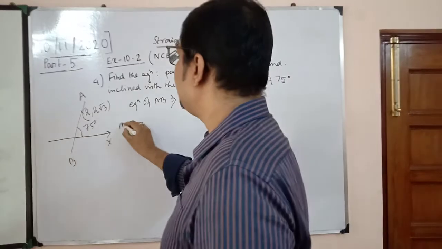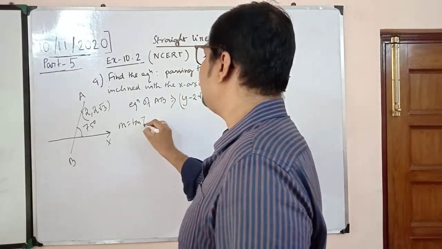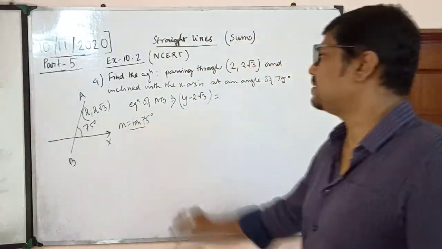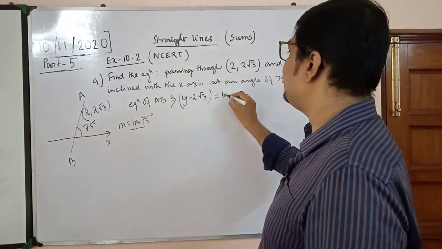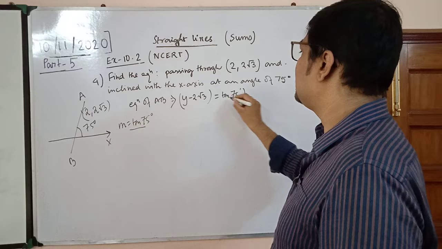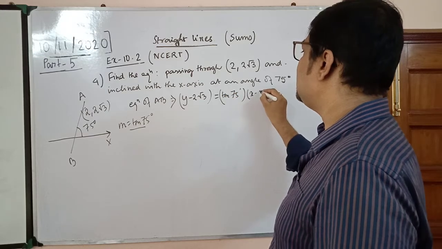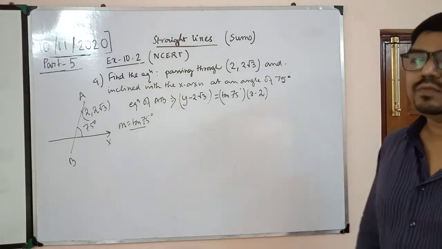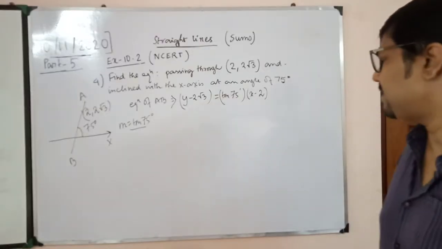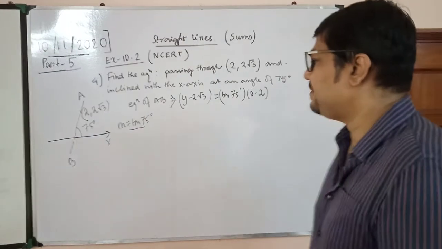What is m? m is tan 75. So the only task over here is that we have to find the value of tan 75.